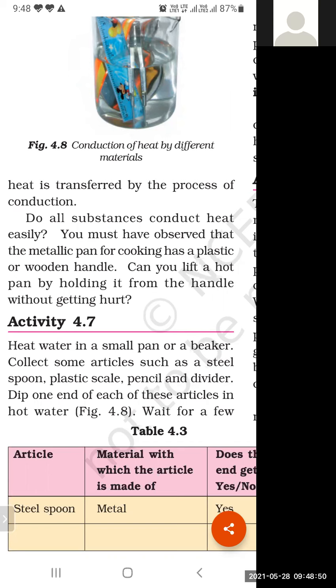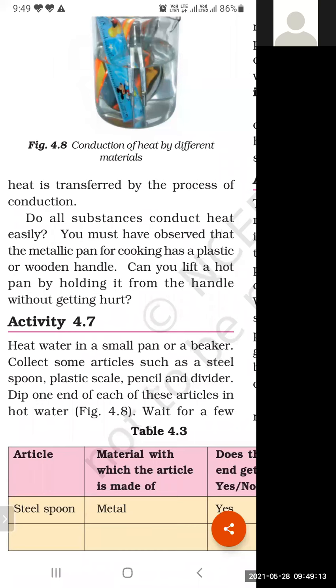Because we know that all metals allow heat to pass through them. They become hot when we heat that metallic pan. If the handles were also hot, it would be very difficult for us to handle that pan.